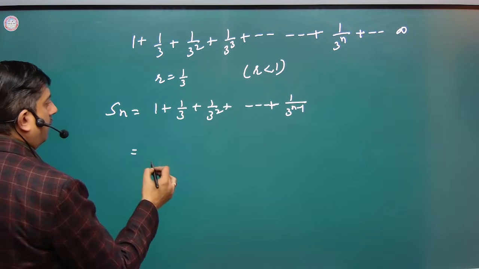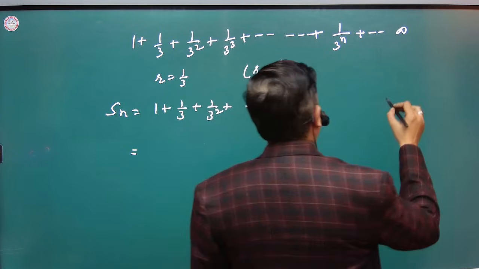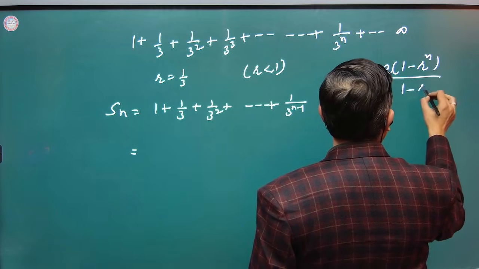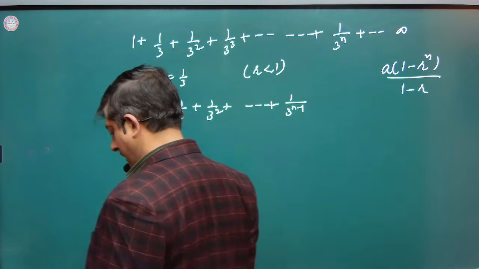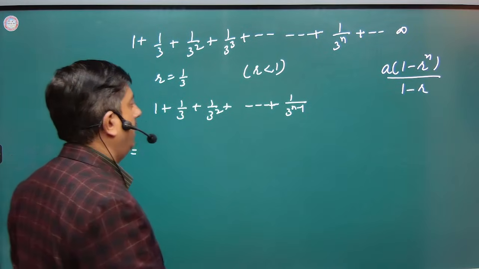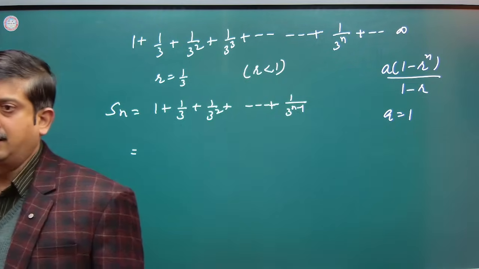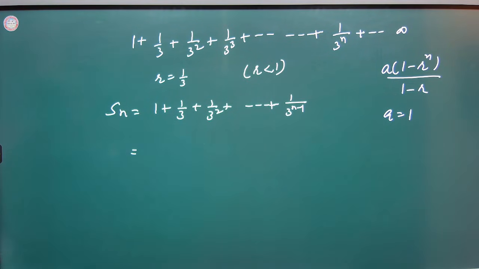Take the formula. What is the formula of the sum of n terms? a into 1 minus r to the power n upon 1 minus r. Here a is 1.